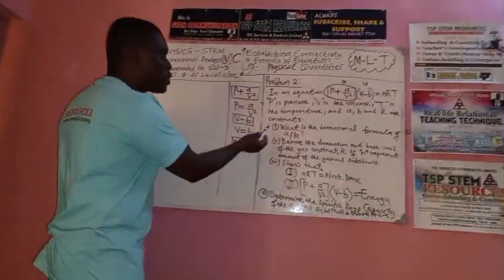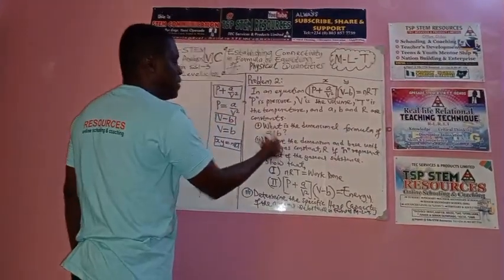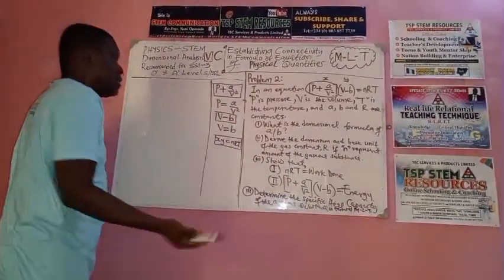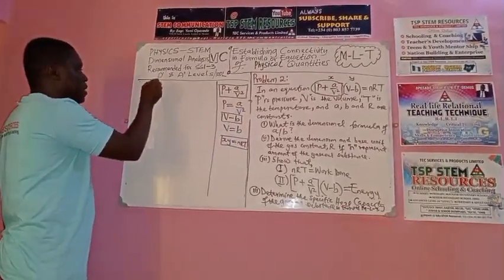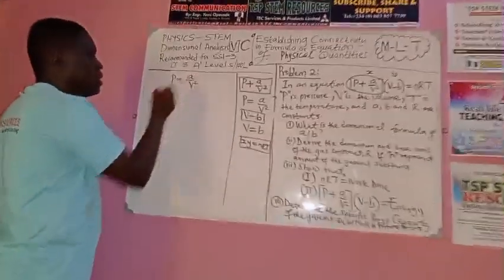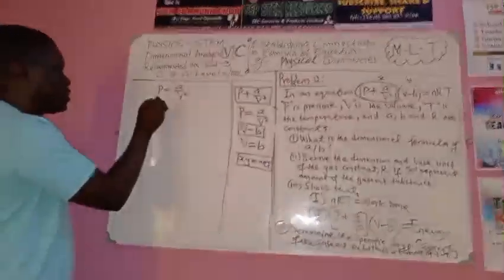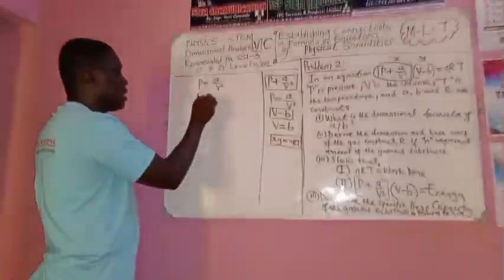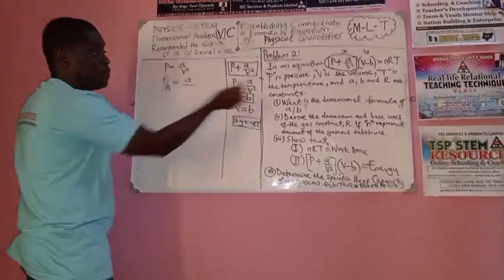The first question is: what is the dimensional formula of a over b? To get a, I can get it from P equals a over V squared. They have told me that P is pressure. Pressure is force over area. I'm looking for a. V is volume.